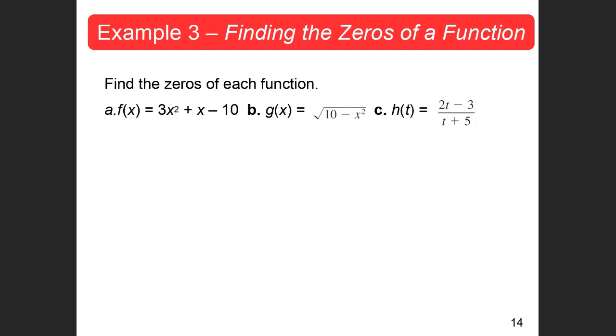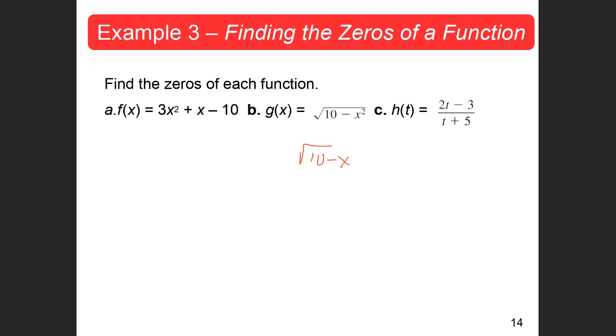Find the zeros of the function. Now, we've been finding values or solving polynomial functions, radical functions, and all that throughout the first 9 weeks of this class. So if I wanted to find a solution of any one of these, all I have to do is set it equal to 0.